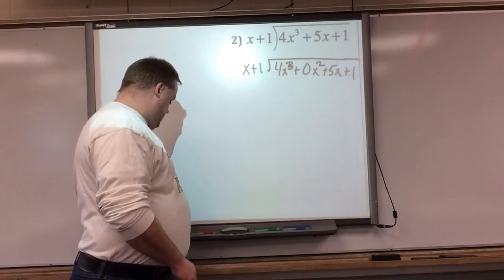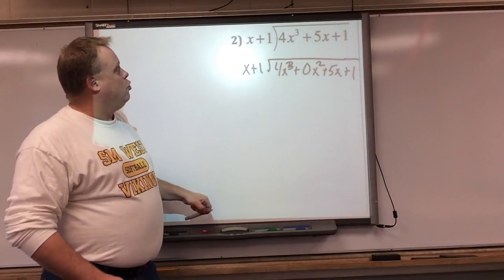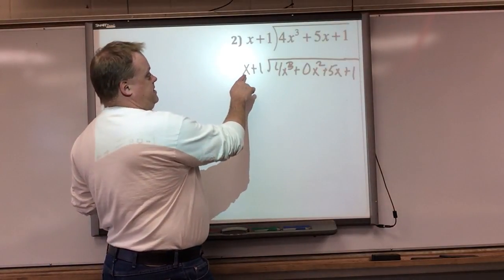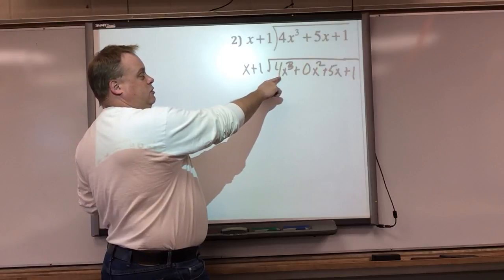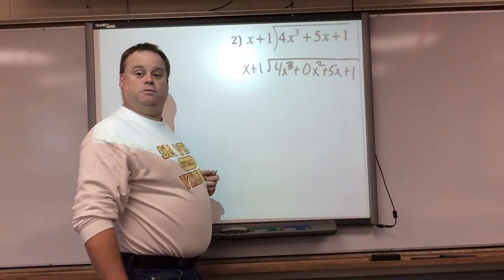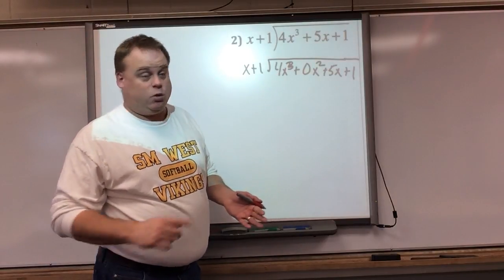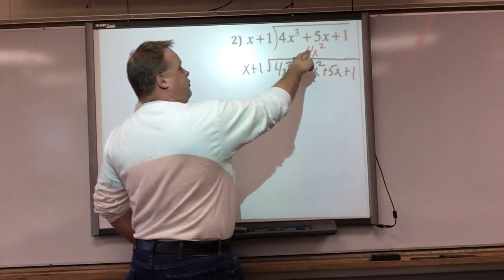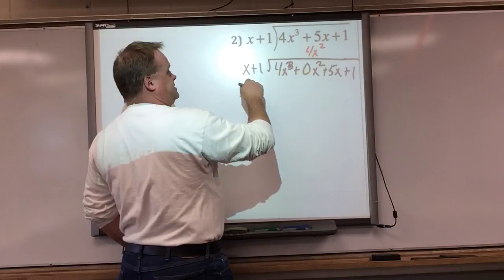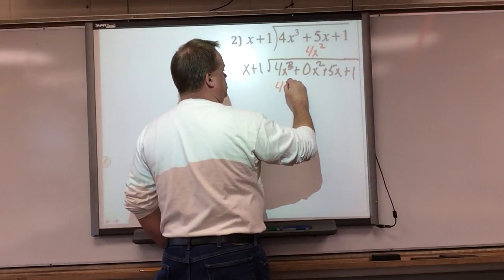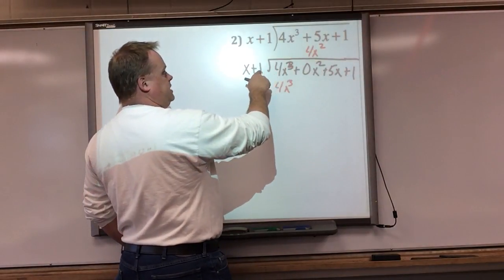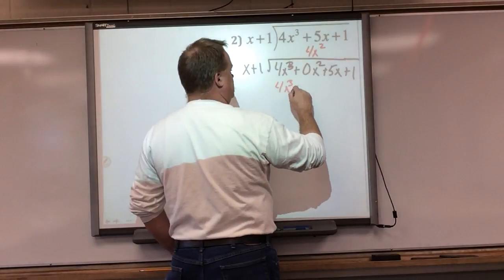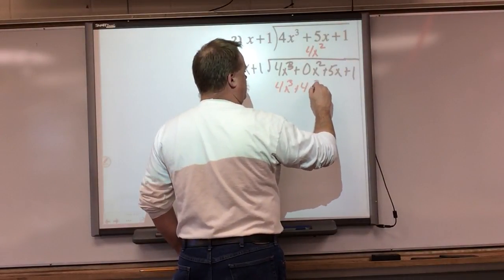Now, here we go. What do I need to multiply this x by to make it look like 4x cubed? Well, 4x squared. Go ahead and place it on the top. 4x squared times x is 4x cubed. 4x squared times 1 is 4x squared.